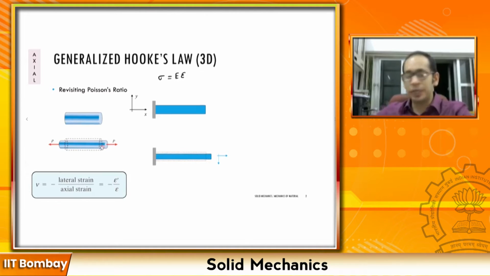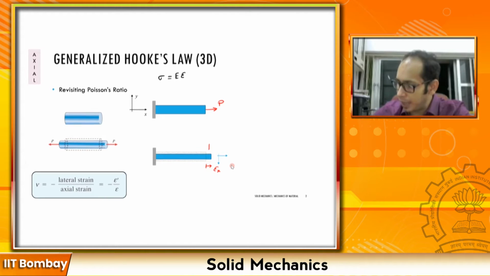Now this was a generic example. Let's introduce some coordinate axes and see how the same expression can be written in 2 dimensions. Here you have the coordinate axes x and y, and for the same bar, let me pull it with a force P. If I am pulling with a force P, I will get an equal and opposite reaction at the support. For this bar, I have a longitudinal strain, which I am going to mark with epsilon x because it is in the positive x direction, right?